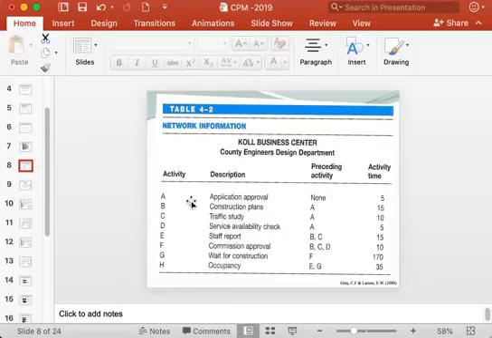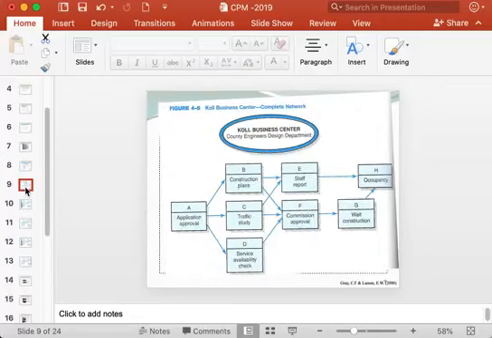So this particular information we will use to construct the activity on node network. Okay.